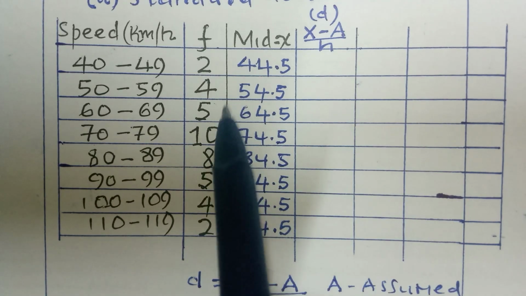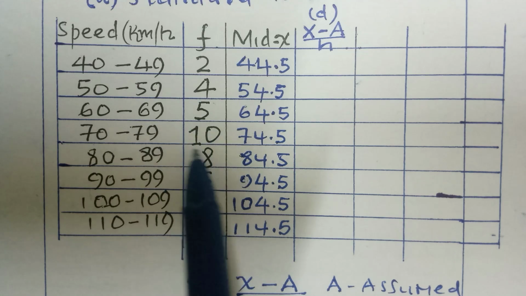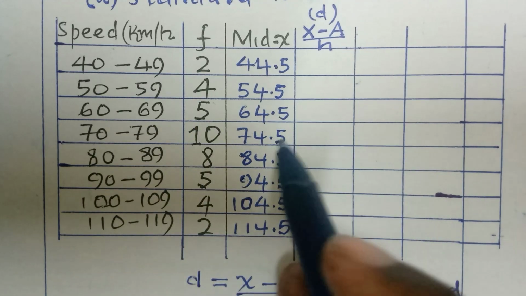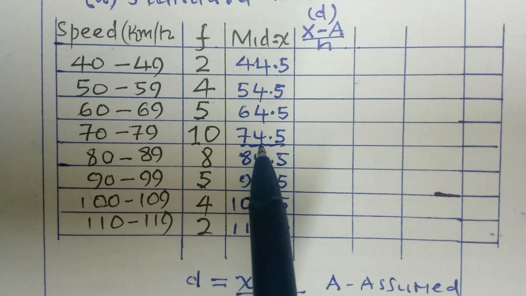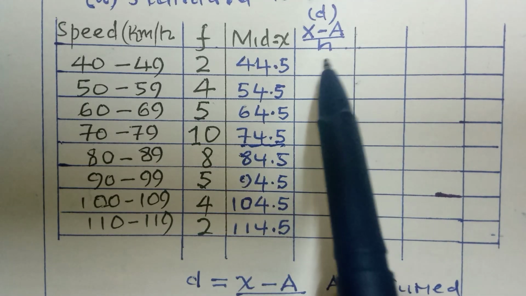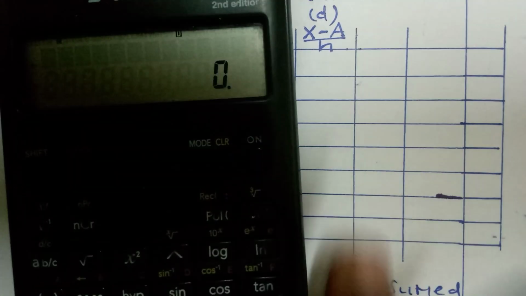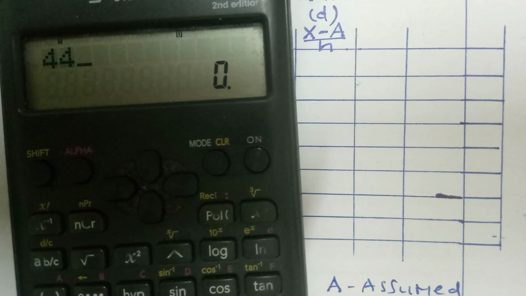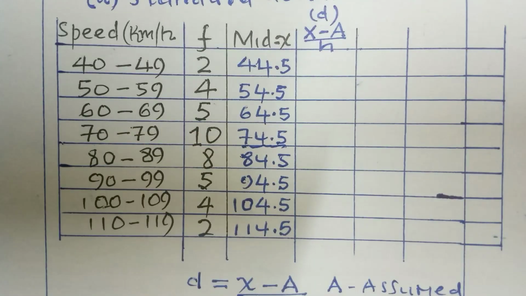When it comes to the assumed mean, we take the one that has the highest frequency. And the one that has the highest frequency is actually 74.5. So guys, our assumed mean is 74.5. So in order to fill up here, we will say 44.5 minus 74.5. So that gives us negative 30.